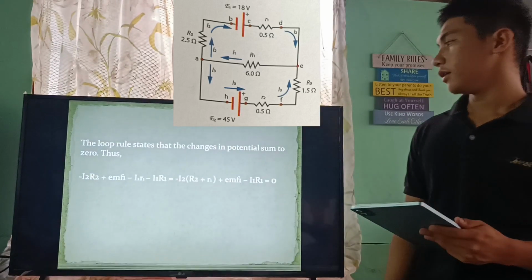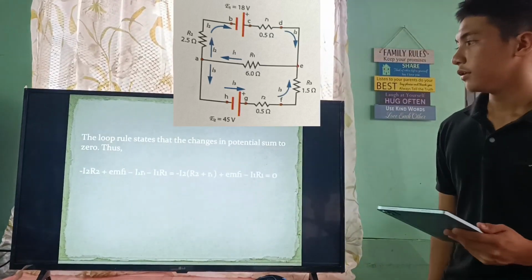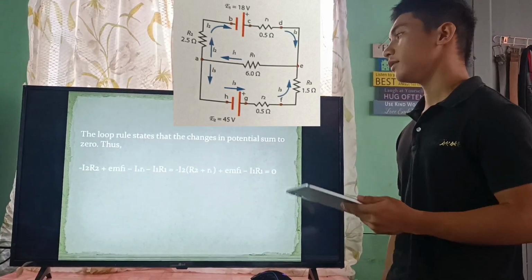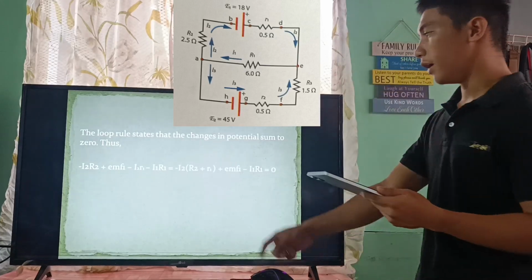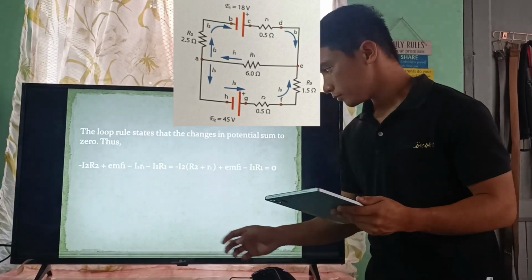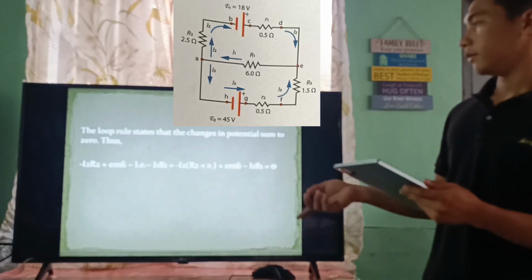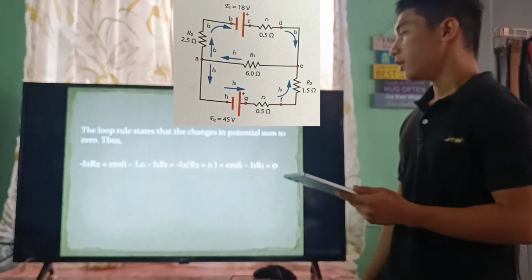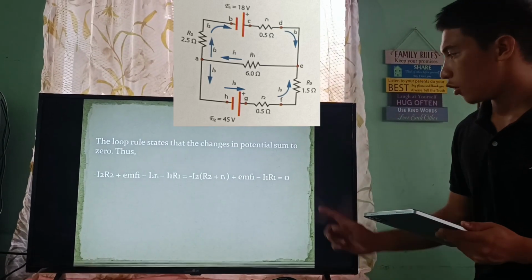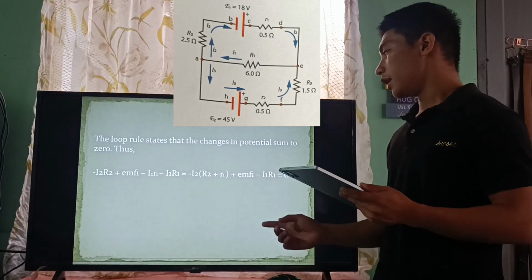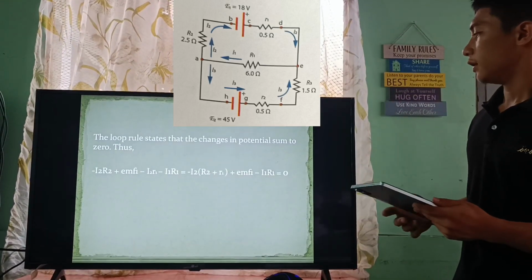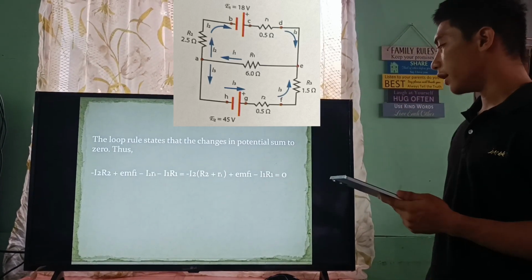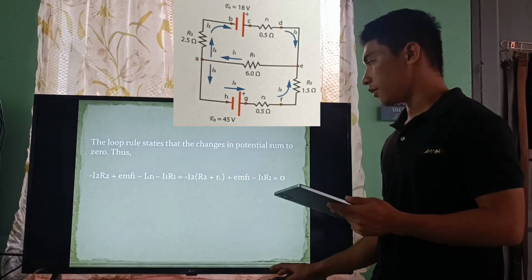Thus, this is the result: negative I2 R2 plus EMF 1 minus I2 R1 minus I1 R1 equals negative I2 (R2 plus R1) plus EMF 1 minus I1 R1 equals 0.